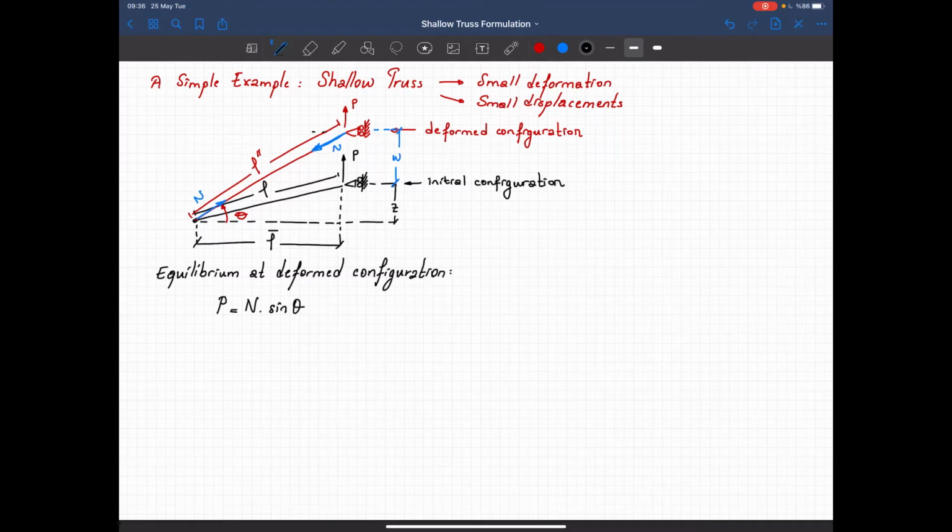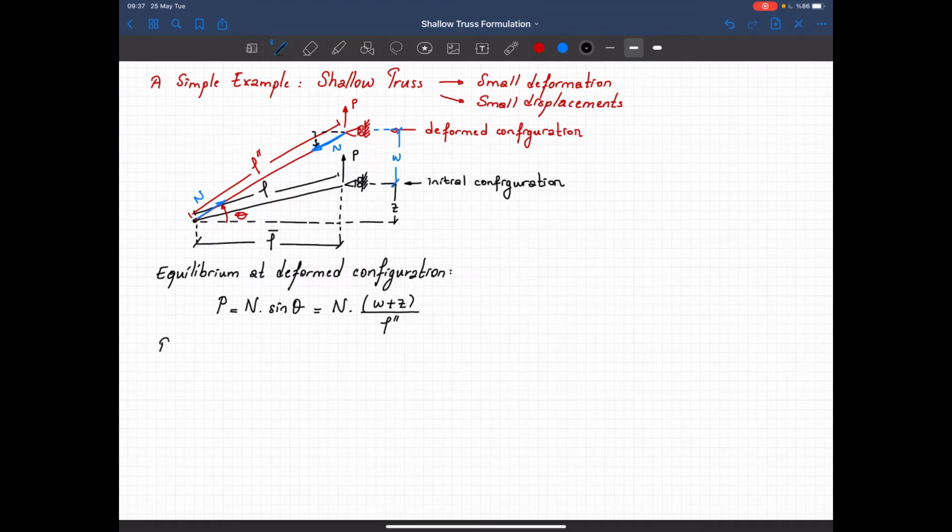So the vertical component of this N should be equal to P. That's the equilibrium condition. And instead of sine theta, I can just write sine theta as equal to, I got N, W plus Z divided by L prime. Okay?